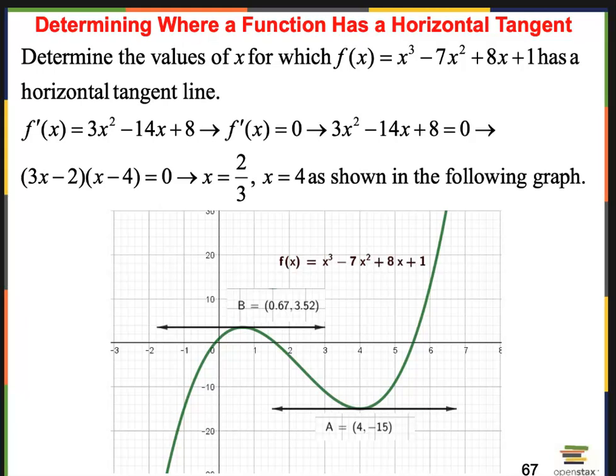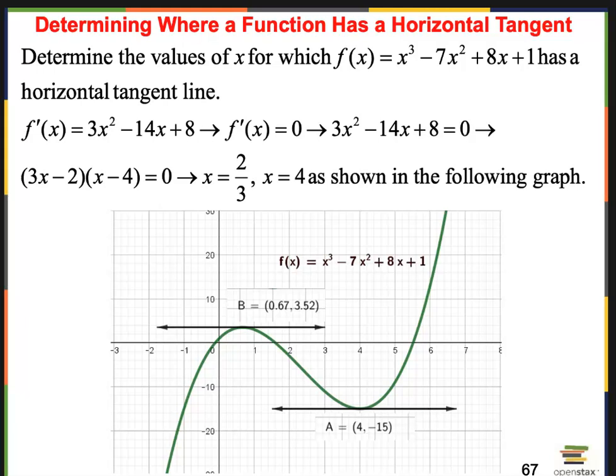Okay, let's shift gears just a little bit before we end here. Determine the values of x for which f of x equals x cubed minus 7x squared plus 8x plus 1 has a horizontal tangent. So once we find our derivative f prime of x, we set that equal to 0 and see what values give us 0, because remember, that's our slope.